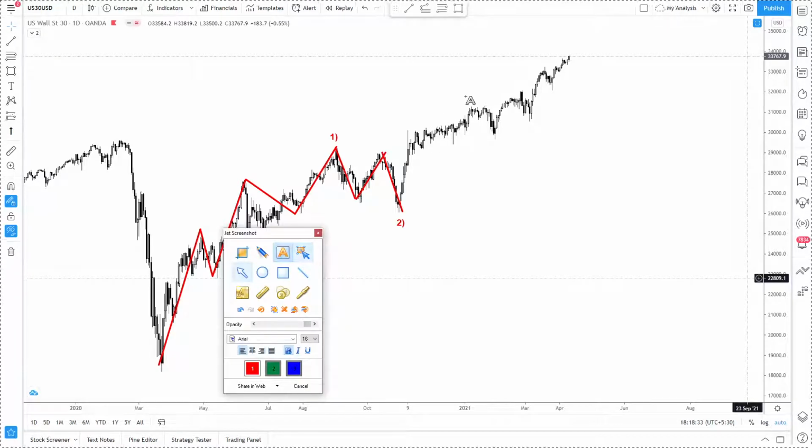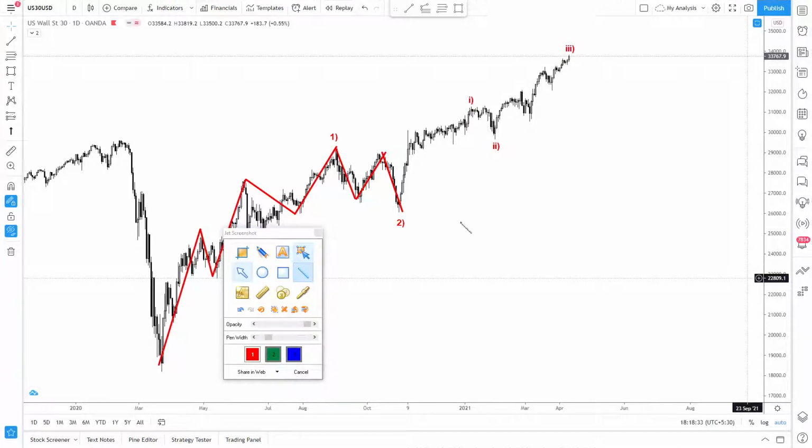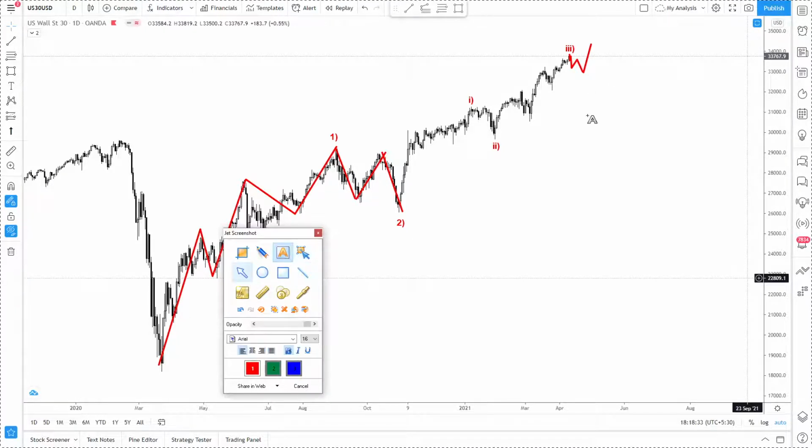We can mark this as an intermediate wave 1. This is the wave 2, and 1, 2, 3, 4, 5. So this is the end of the wave 3. So after the three-wave structure, I'm expecting this, don't be in sell. If it is doing like this, this will be a 4 here, and this will be the bigger third here.